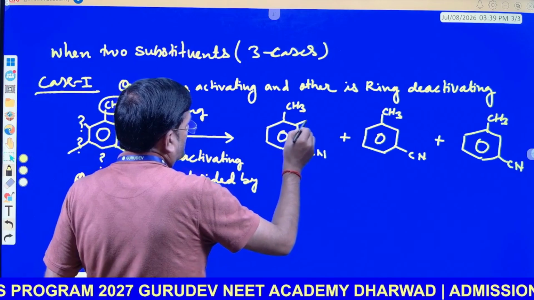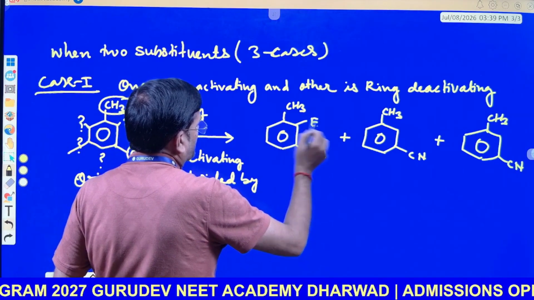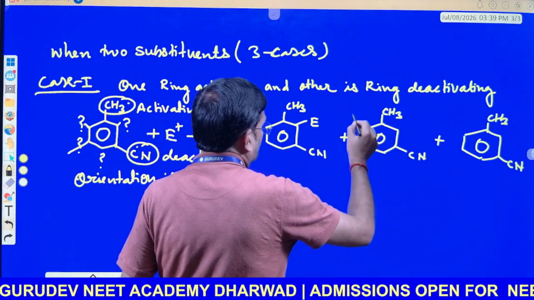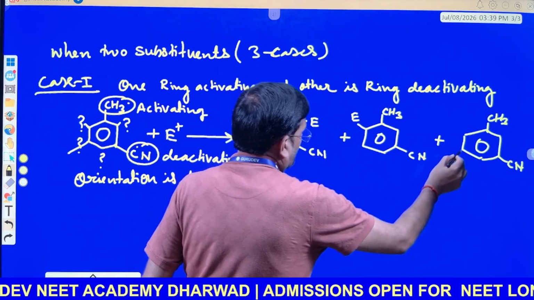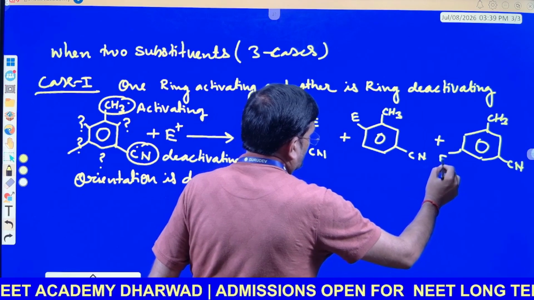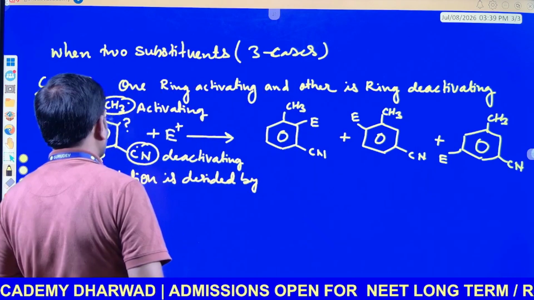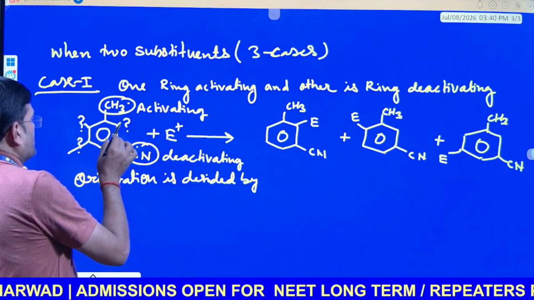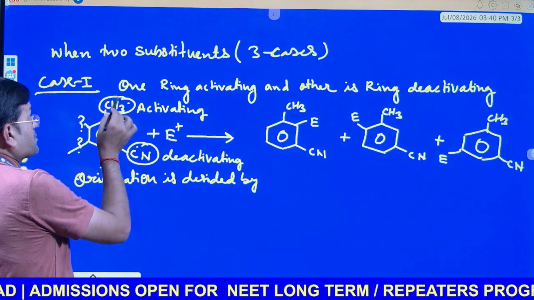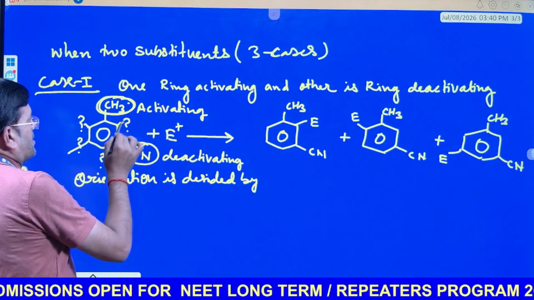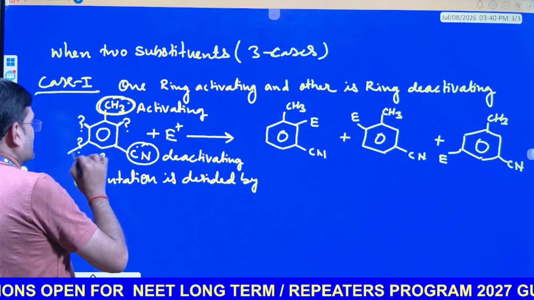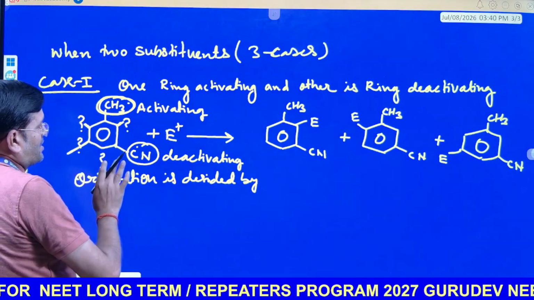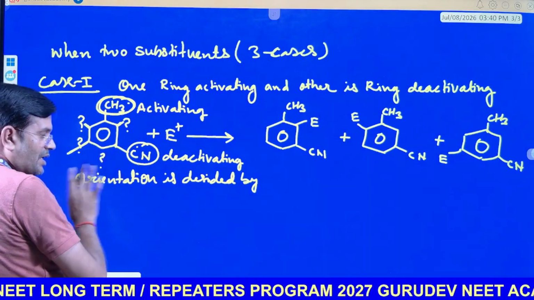So one electrophile will come here, in another one the electrophile will come here, and in another one the electrophile will come here, because with respect to this one only this site, and with respect to this one this site and this site are the available sites. This one is not, because this CN is going to deactivate the ring. So here the incoming electrophile will not come.